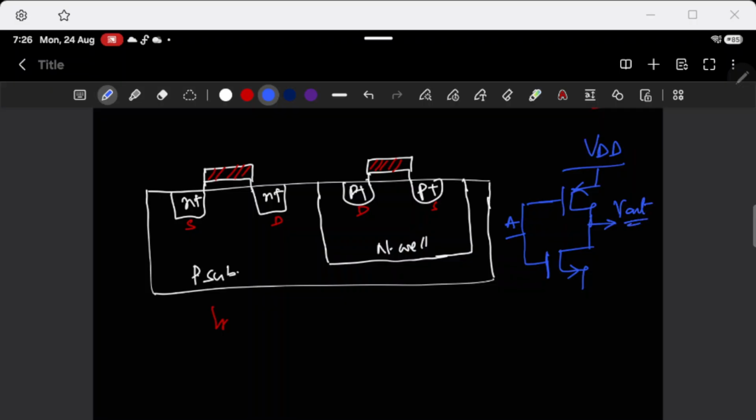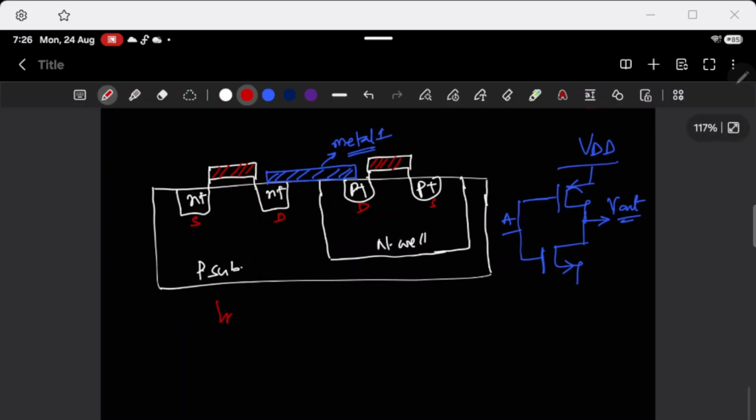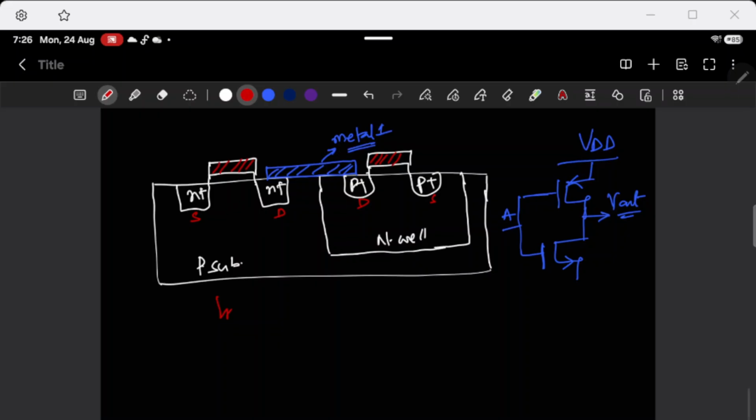Okay. So now we have built our P sub and N well, and we will connect them using metal one. Okay. And these two terminals need to be connected. So either we can connect it using another metal, or we can directly draw a poly layer.